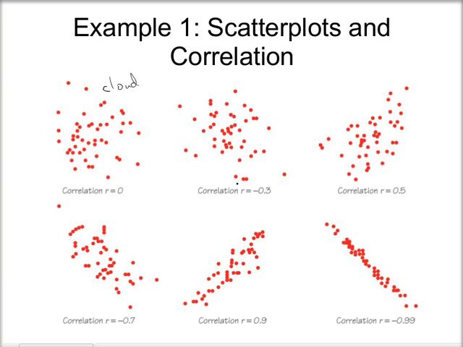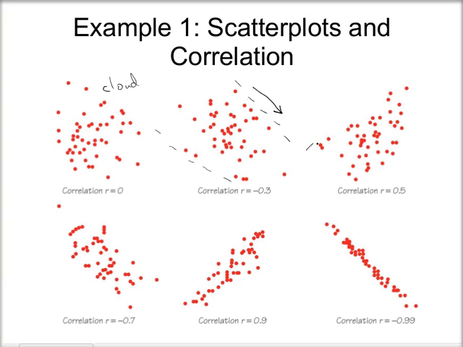My next scatter plot has r equal to -0.3, and you can kind of see that the points are more contained. They don't go outside of these dotted lines here. So I've got sort of a slightly negative correlation here. The points sort of go down as I go to the right, but they're still spread out a lot.